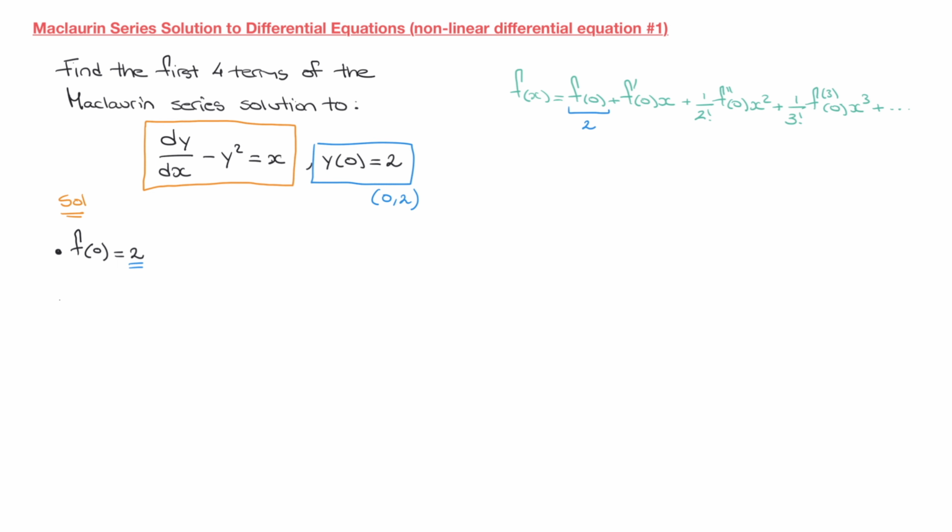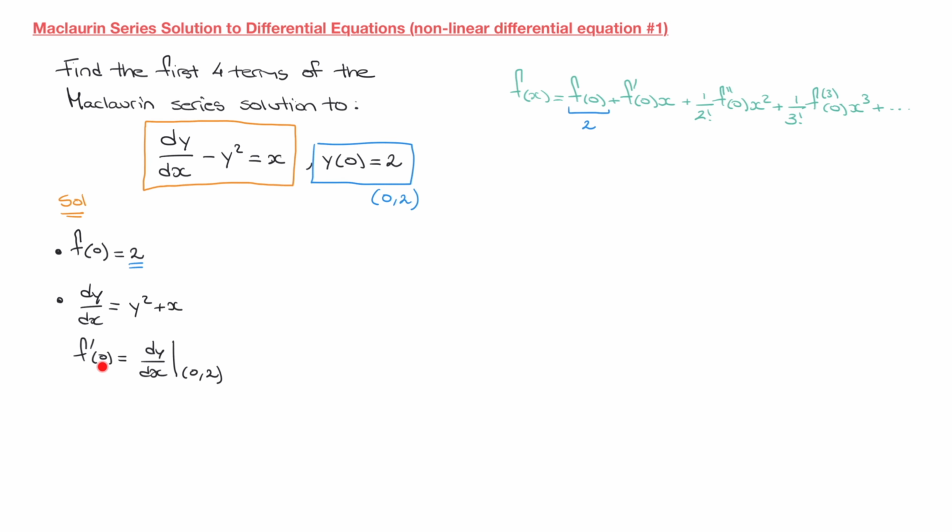Indeed, rearranging that differential equation, we can quickly state that dy dx is equal to y squared plus x. Okay, so we now have dy dx written in terms of x and y, and consequently the value of f dash evaluated when x equals 0 will be equal to the value of dy dx evaluated at the point with coordinates (0, 2).